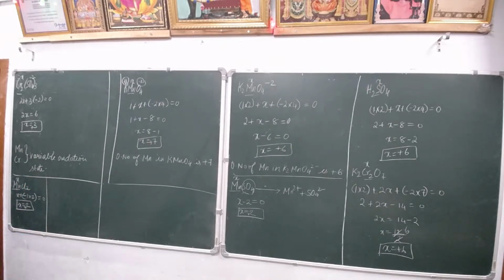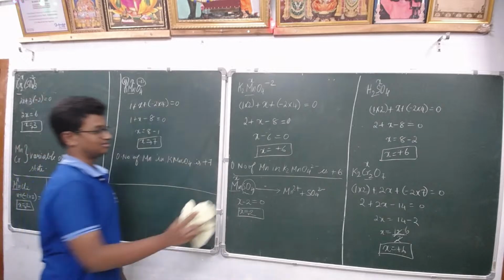Now I hope you should be able to determine the oxidation number. Okay, you can erase this. Now let us proceed with balancing of redox reactions.